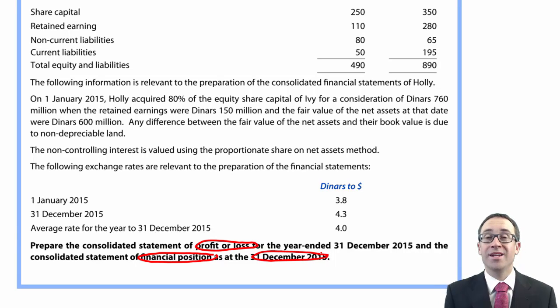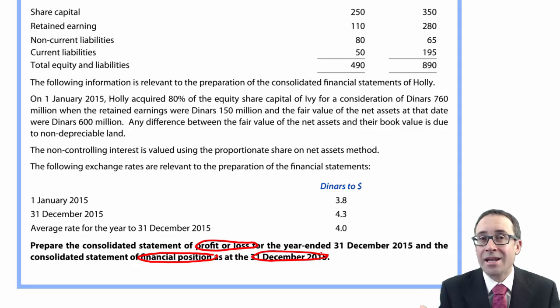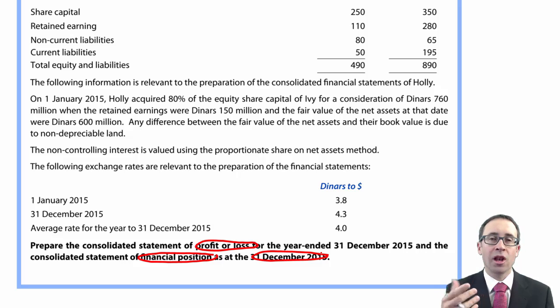The only thing that I would mention here, it is exam style, but maybe not so much this time, in that I've never seen any questions at P2, and I think it's unlikely to be the case, whereby you see a group statement of profit or loss and a group statement of financial position being required within the question. I think if you examine both, it just takes away the opportunity for the examiner to start examining more of the accounting standards, and there therefore then is a bit too much focus, if you like, on the group work.